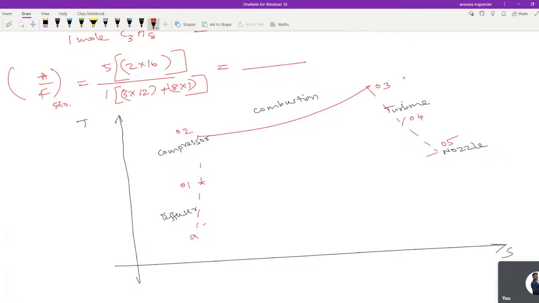Clear? Now in this, you have to remember where the maximum pressure occurs. This is point 2, where the maximum pressure occurs.